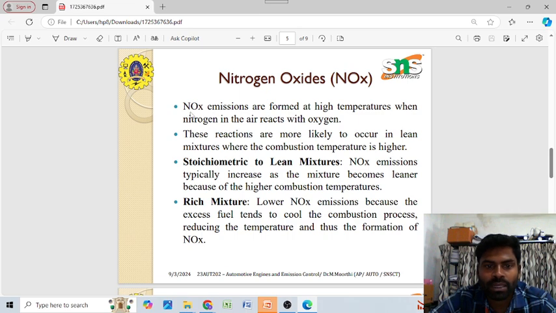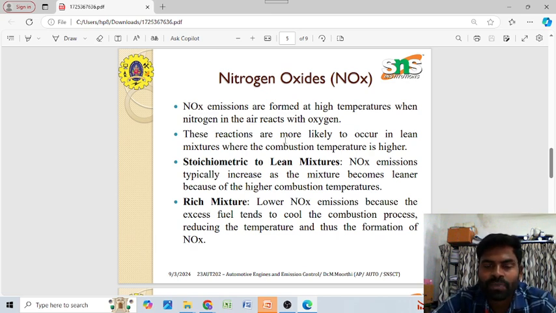NOx emissions are formed at higher temperature when the nitrogen in the air reacts with the oxygen. As I said earlier, NOx is produced because of the extreme generation of temperature inside the combustion chamber. These reactions are more likely to occur in lean mixtures, where the combustion temperature is higher.